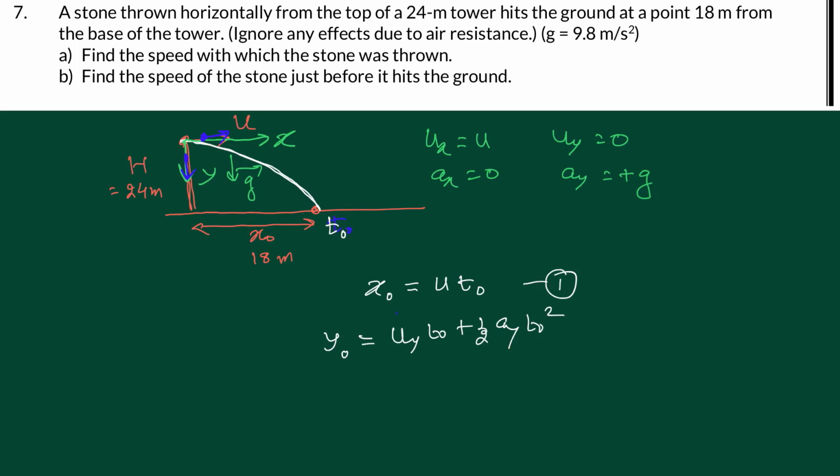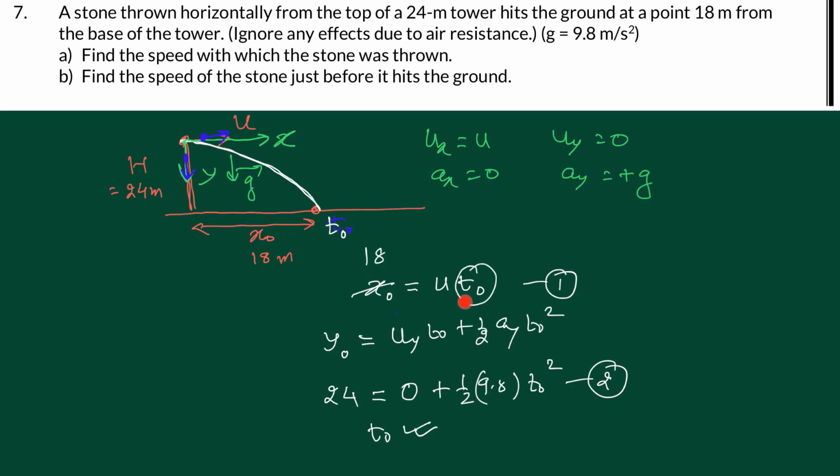Substitute numerical values. y naught is plus 24 because you have taken downward to be positive. y component is 0 plus half 9.8 into t naught square. So number 2. From equation 2, find out t naught. Substitute that value in equation 1. And in equation 1, x naught you know is 18 meter. The moment you substitute value of t naught, what you will get?